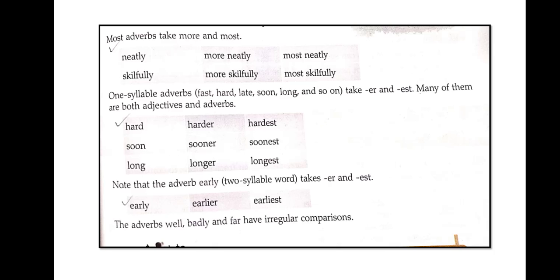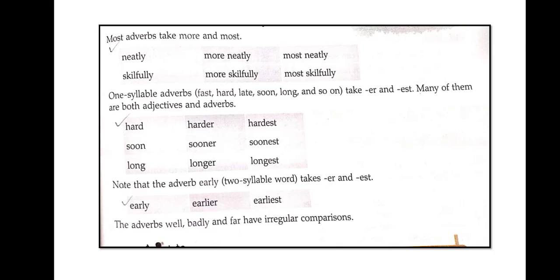So I hope you understood these sentences. Now here we have two or three tables. Most adverbs take more and most. So for neatly we use more neatly and most neatly. Skillfully, more skillfully, most skillfully. Next, one-syllable adverbs: fast, hard, late, soon, long and so on take er and est.